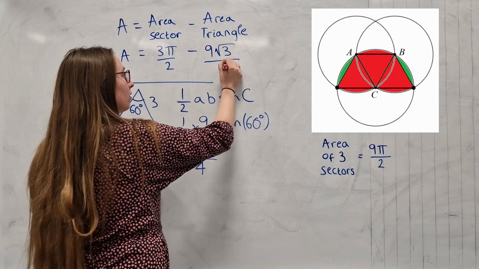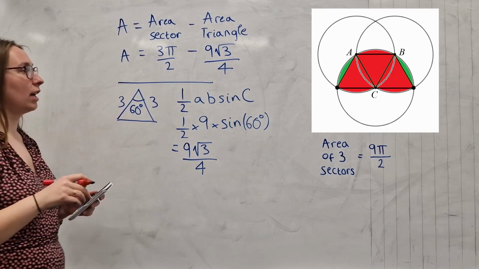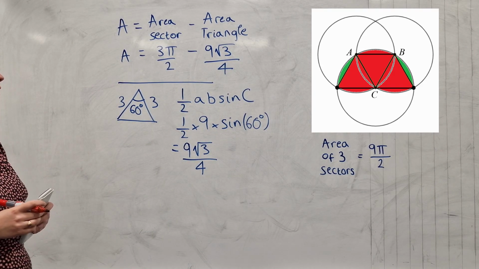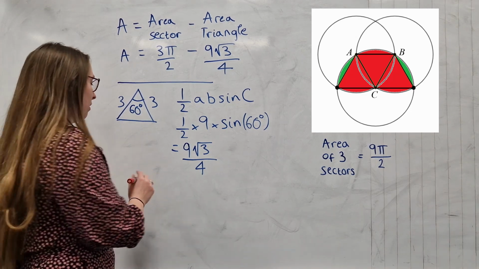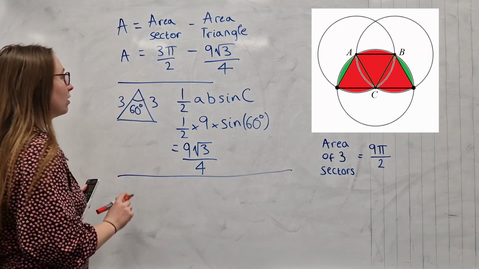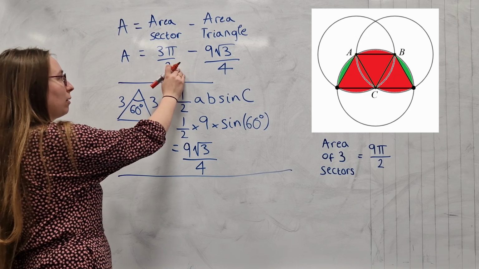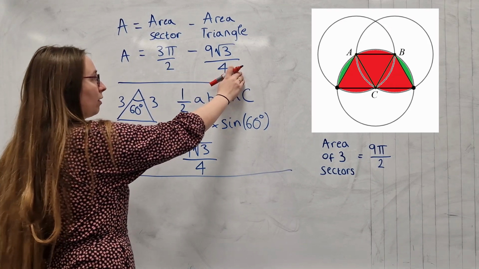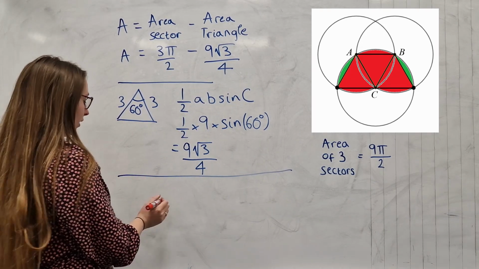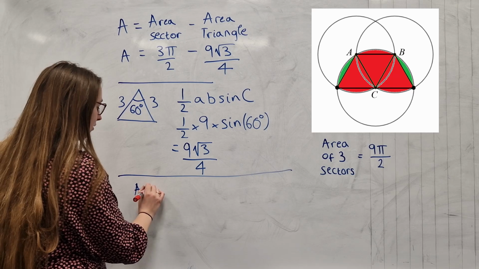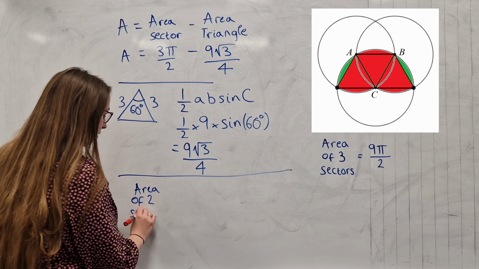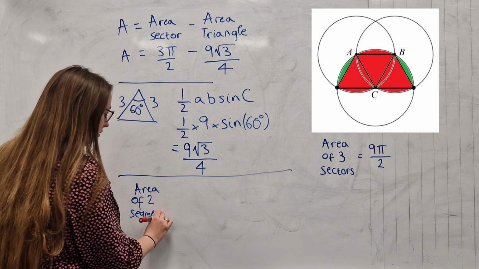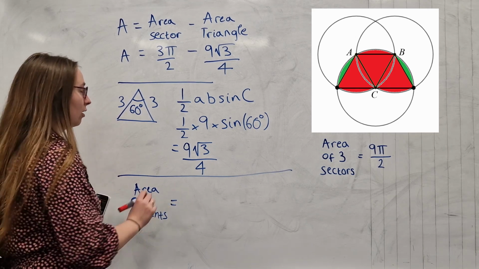Okay, and you can see in the diagram that we have 2 segments, so they're in the green. So if we work that out down here, the area of 2 segments is equal to 2 times this.